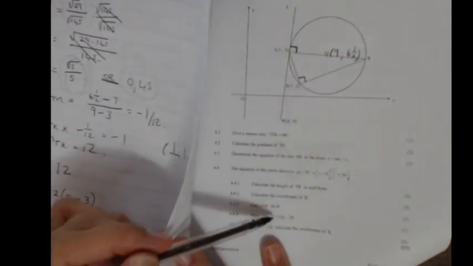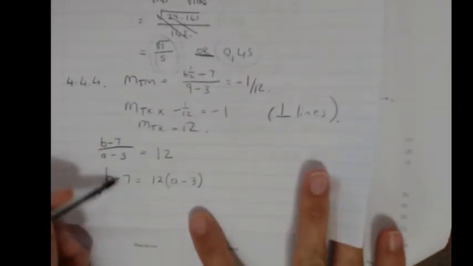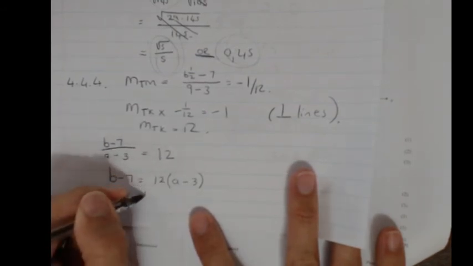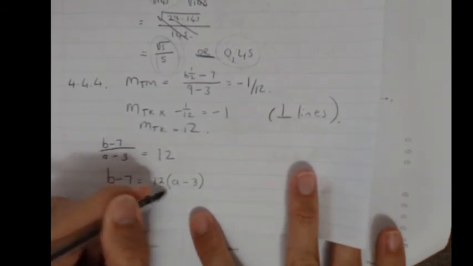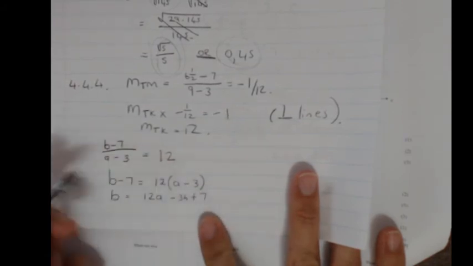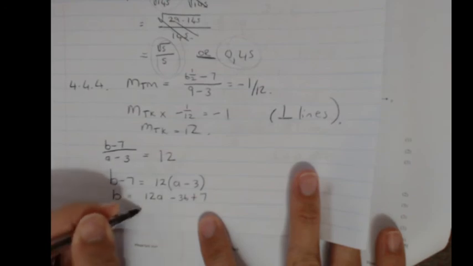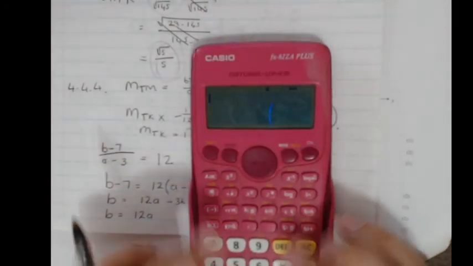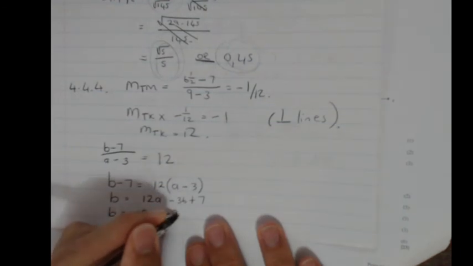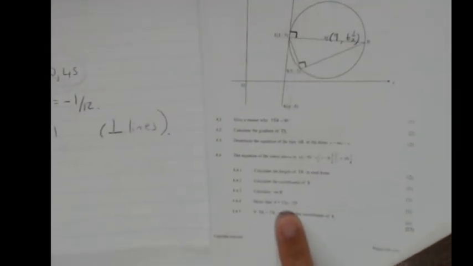And I want to have b is equal to, so I'm also going to take that to the other side. b is equal to, let's multiply there, 12a minus 36 plus 7. And that gives me b is equal to 12a minus 29, I think. Yes. Okay, 12a minus 29, and that is what they wanted me to show exactly.